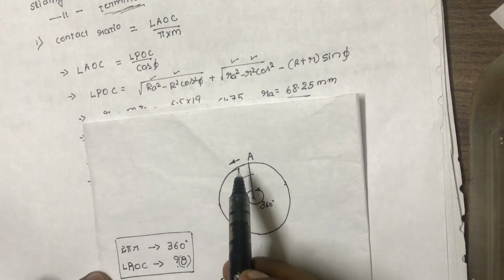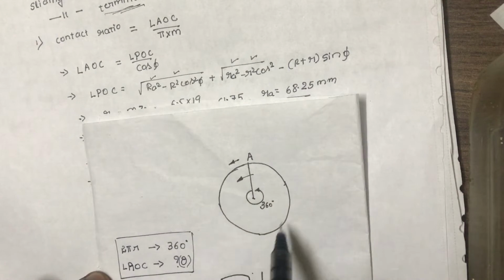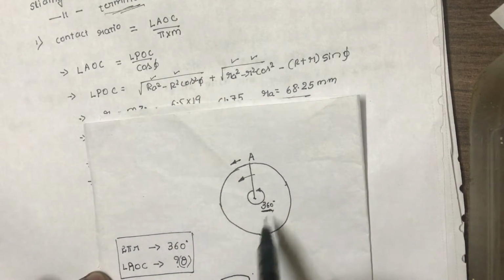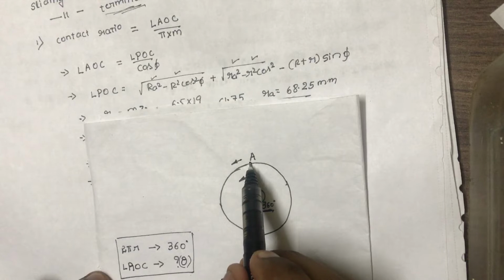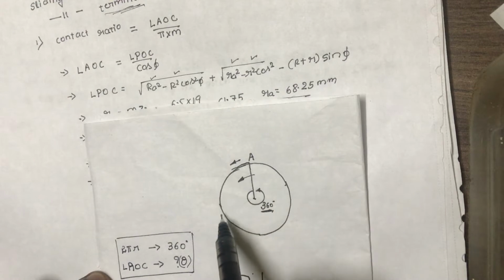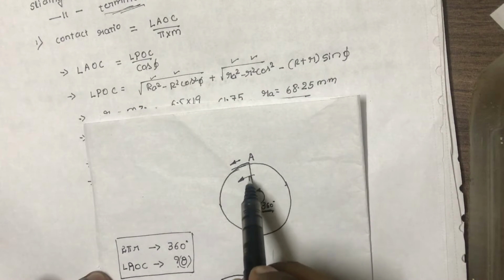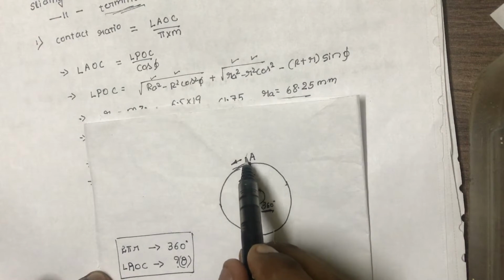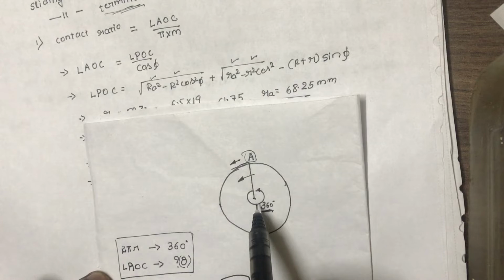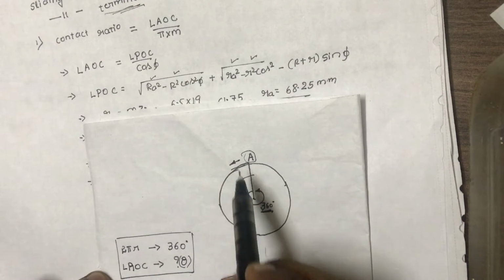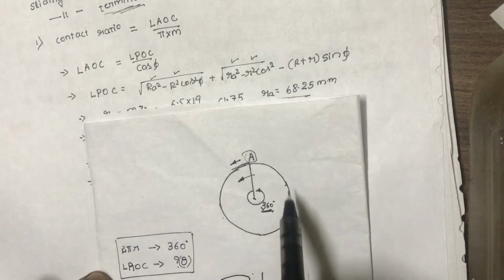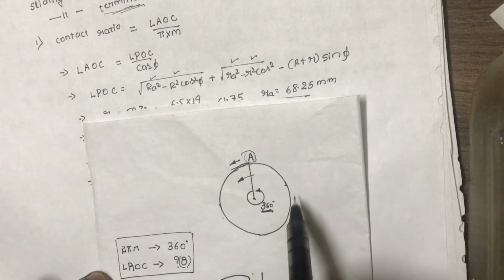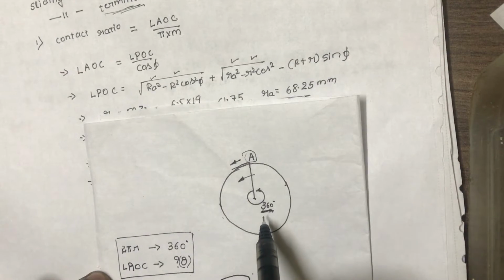For one complete revolution, it has to go through 360 degrees, correct? From this starting point, it will rotate anti-clockwise and return back to position A, covering 360 degrees on the circumference.